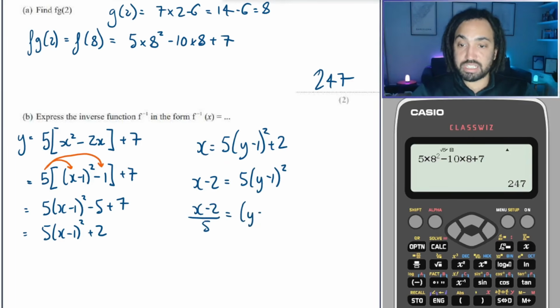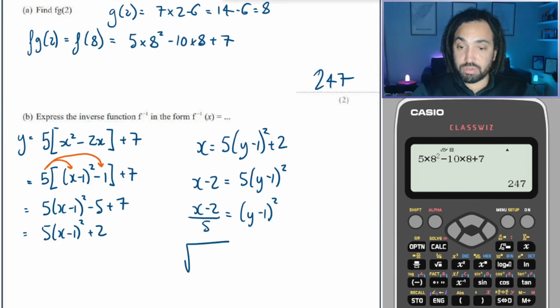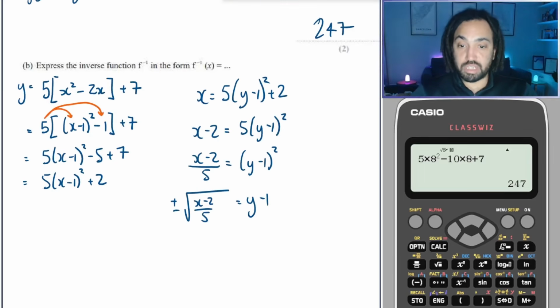And this isolates the y minus 1 all squared. Now is the perfect time to square root. And when I do, I get plus or minus. That gets rid of the squared term. And then finally, let's add 1 to both sides. So 1 plus or minus the square root of x minus 2 over 5 is equal to y.